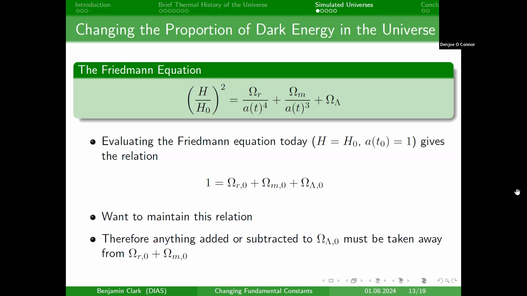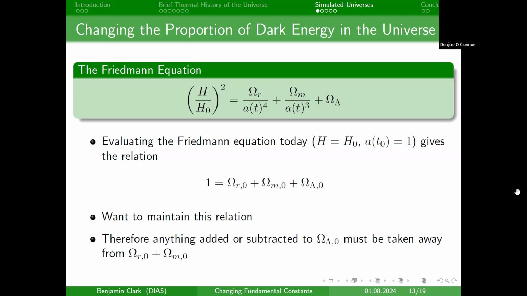So 1 is equal to the sum of each of the densities today, and actually the densities add up to 1 throughout the history of the universe, but the actual densities themselves will change over time. It's also worth noting that we've assumed a flat universe here, so we think that our universe is approximately flat, and for a non-flat universe, that would add an extra term into the Friedmann equation.